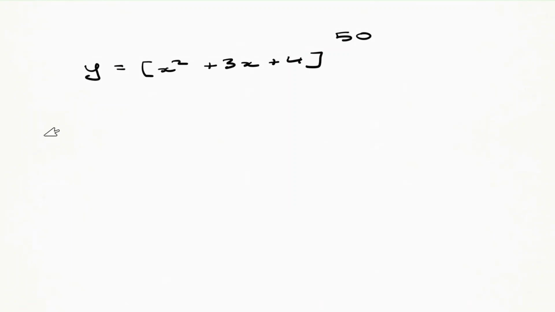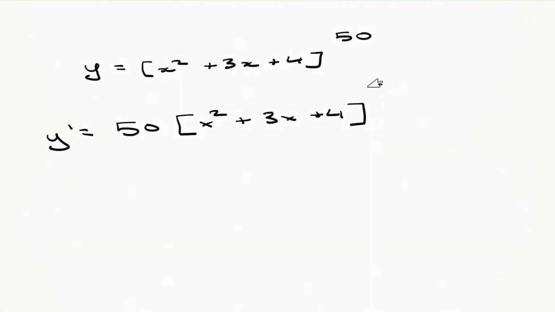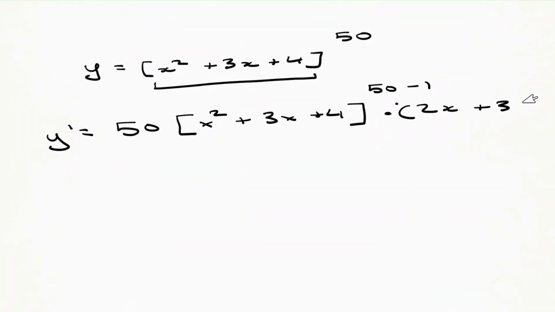So really, using the chain rule, we're getting the derivative of the outside, so that gets 50 down here, into x squared plus 3x plus 4 to the power of 50 take 1, multiplied by the derivative of the inside, which is 2x plus 3.